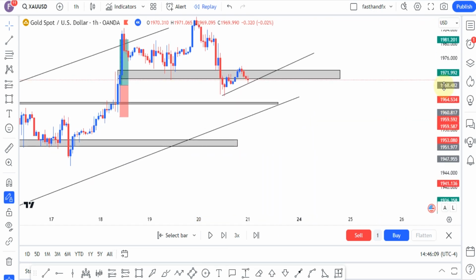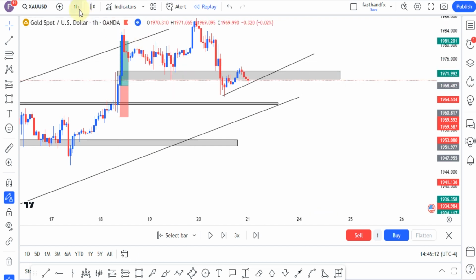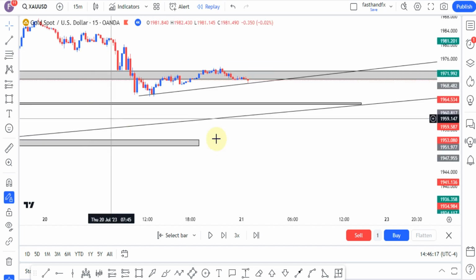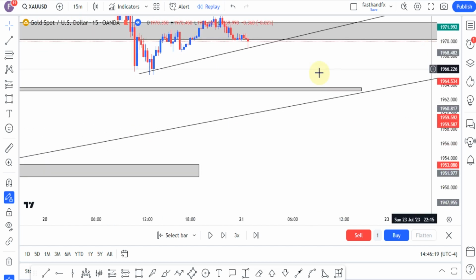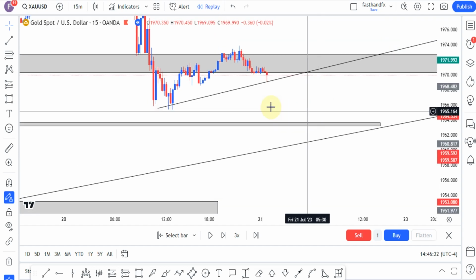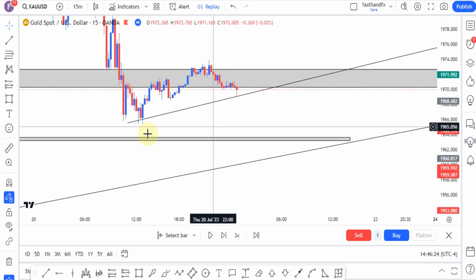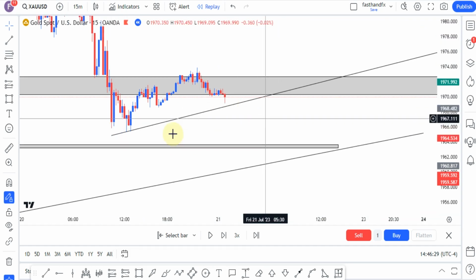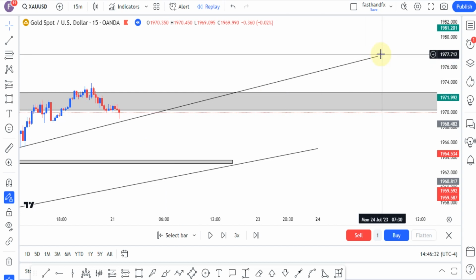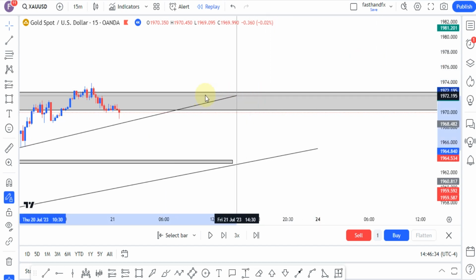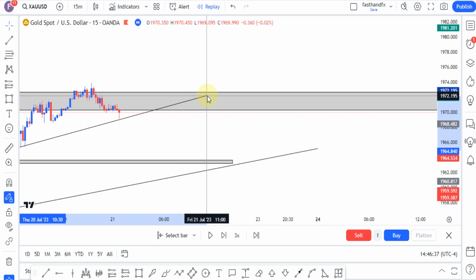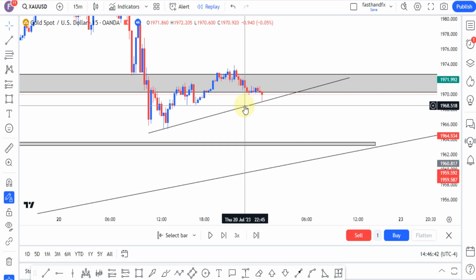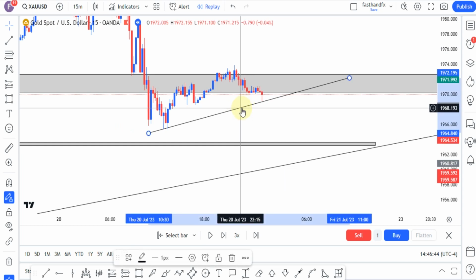If the market does break below this correction area, we go in for sales. But if it doesn't, we wait for another opportunity. That's what traders do. As a trader, you should be patient, guys, because if you're not patient in the market, the market will punish you.